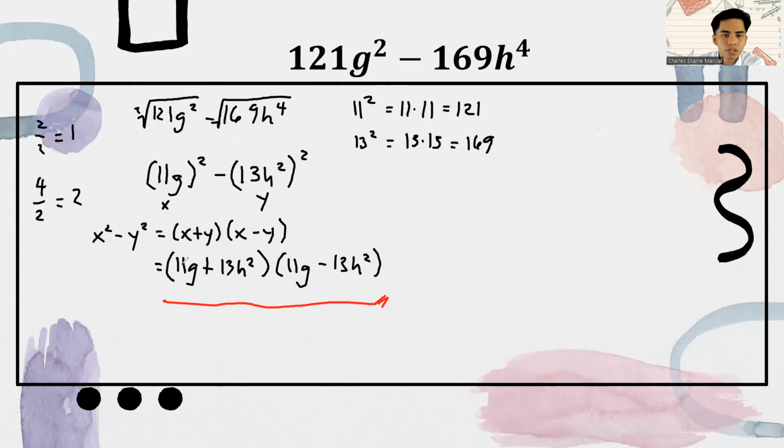So we have 11g, dito na siya, plus, tandaan sa unang expression, kailangan plus sign. Then 13h squared, sulat lang din natin dyan. Then sa second expression, we have the minus sign. Opo, kaya nga nasabing product of sum and difference of those terms.